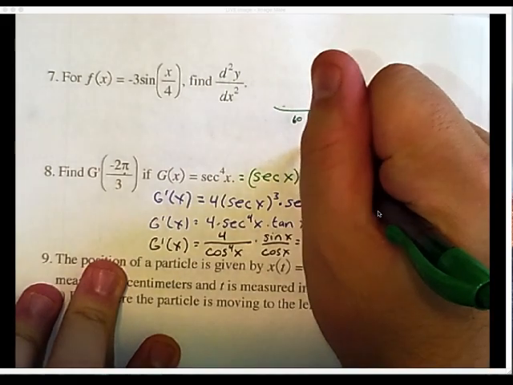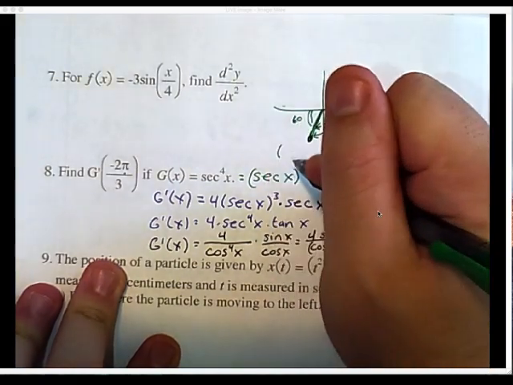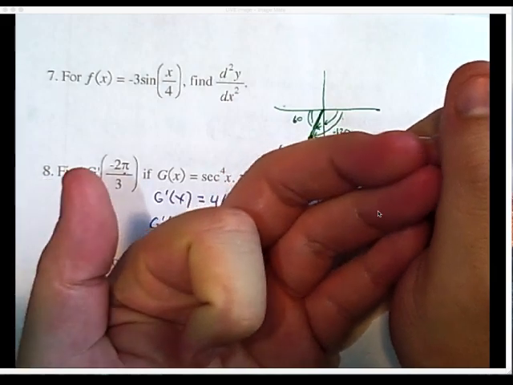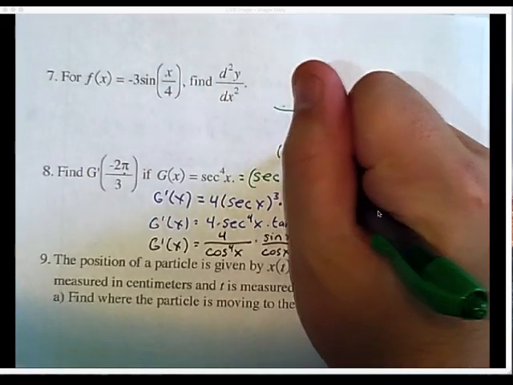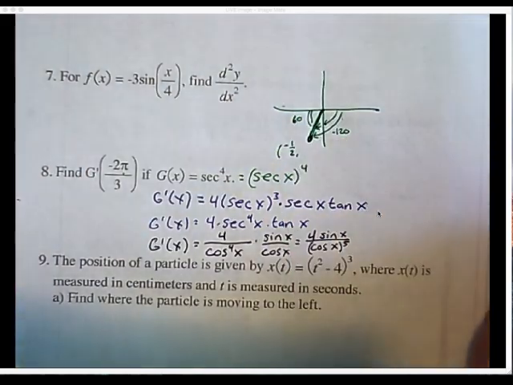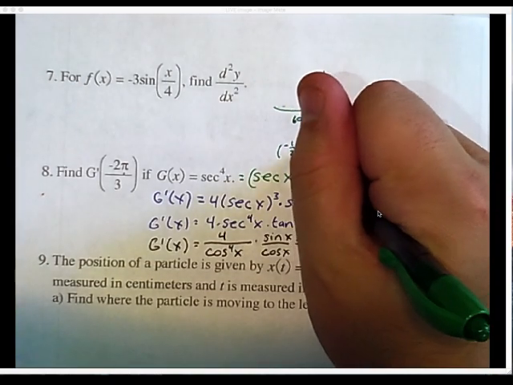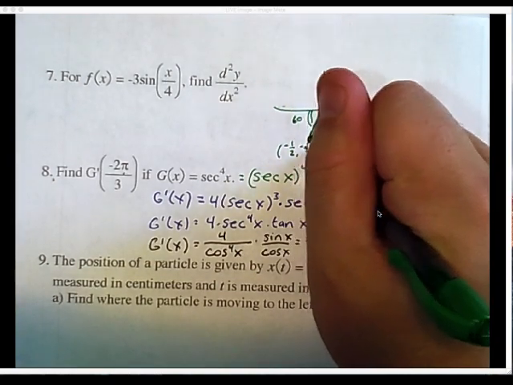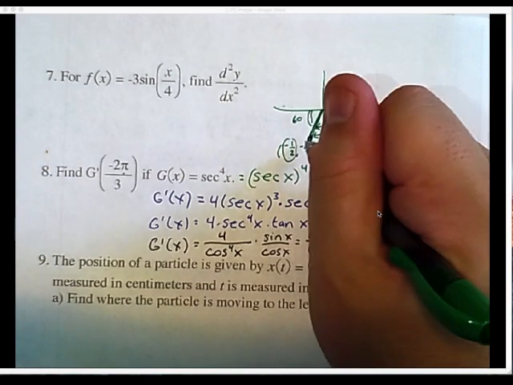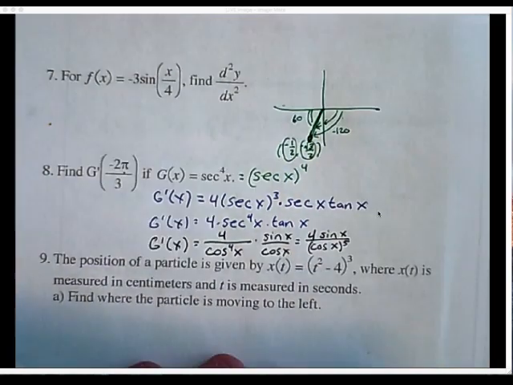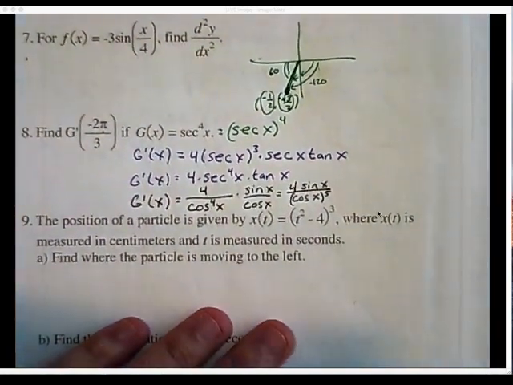You're in the third quadrant, so both are going to be negative. So if I pull back my 60, the coordinates there on the unit circle would be negative 1/2, comma, negative square root of 3 over 2. This is the cosine value. That's the sine value.